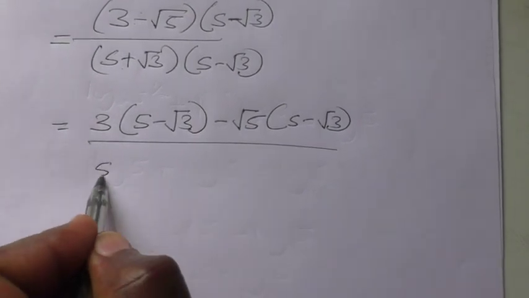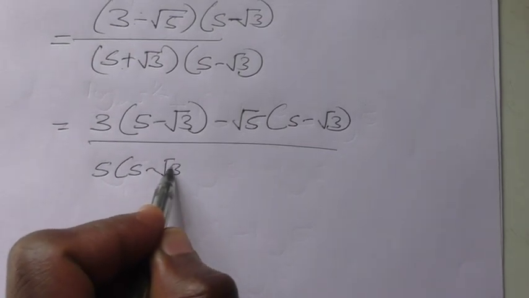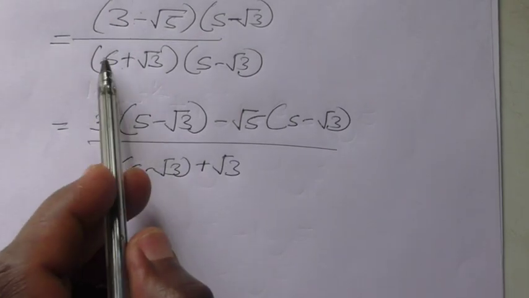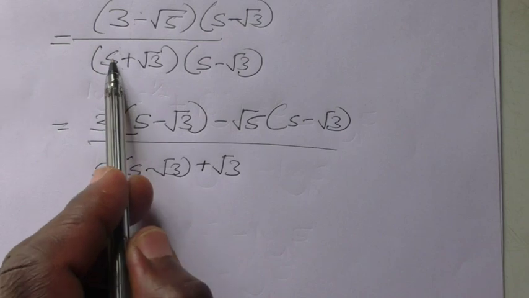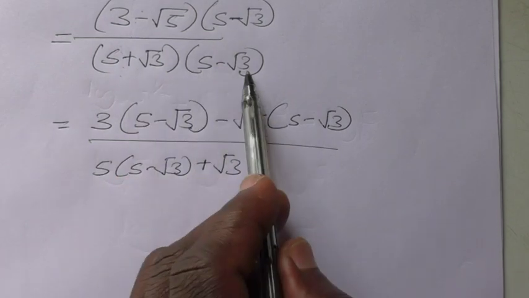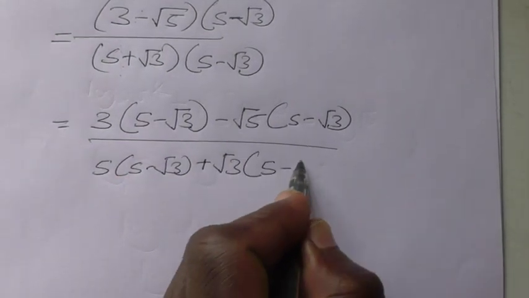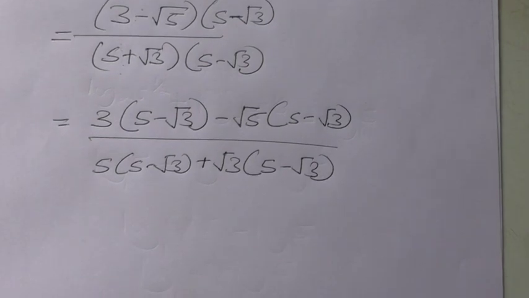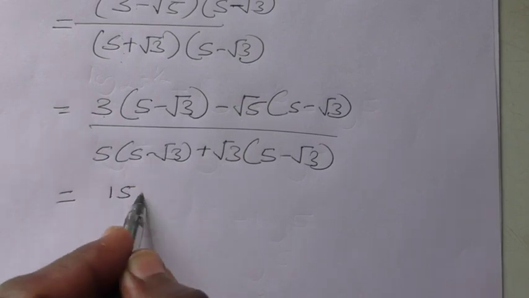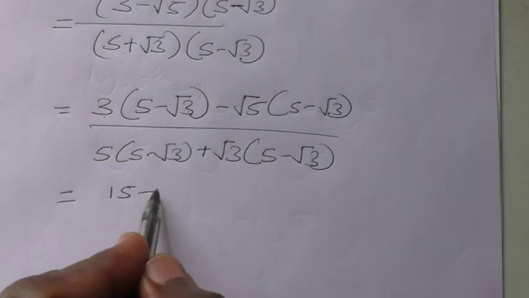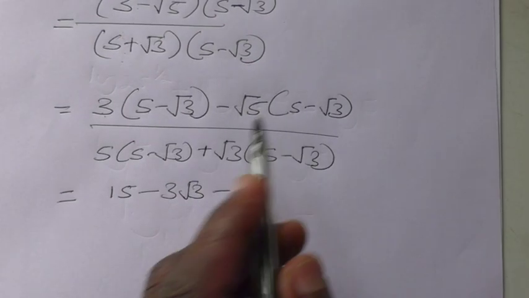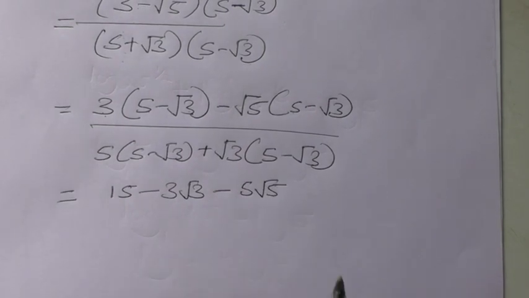So we shall have 5 into 5 minus root 3 plus root 3. Remember, we are splitting the first bracket, and the 5 multiplies the second bracket. Then even the plus root 3 multiplies the second bracket. After that, we open the brackets. So 3 and 5 is 15, minus 3 times root 3 is 3 root 3, minus root 5 and 5 is 5 root 5.